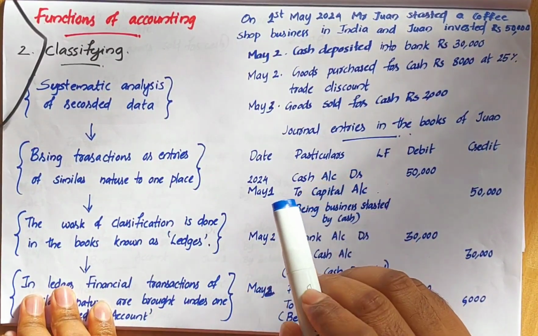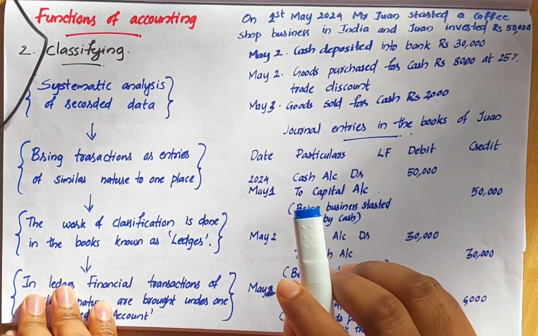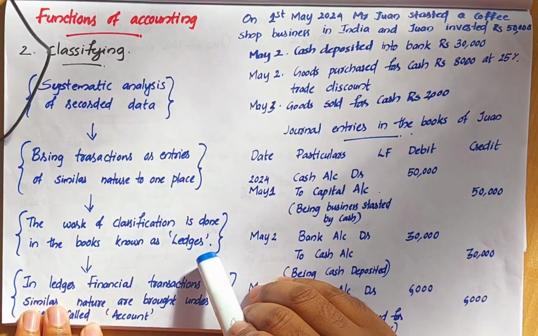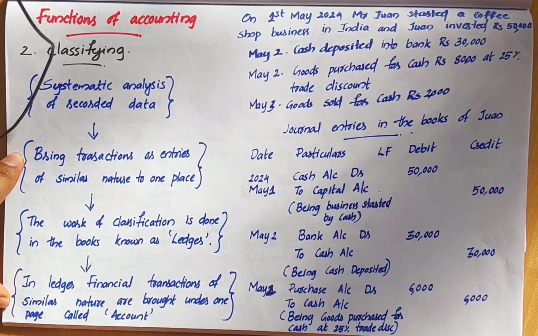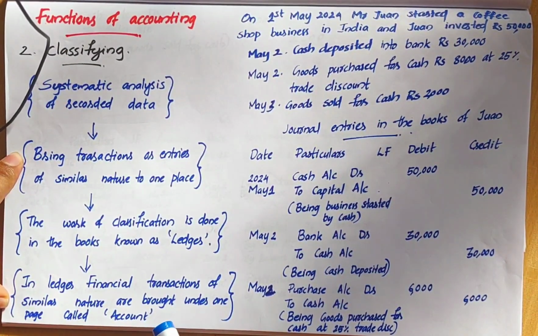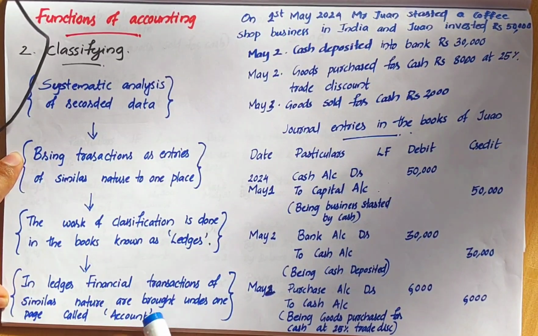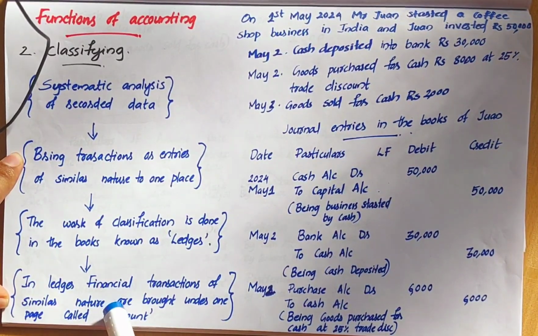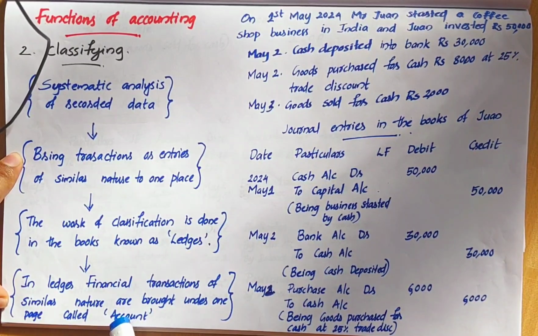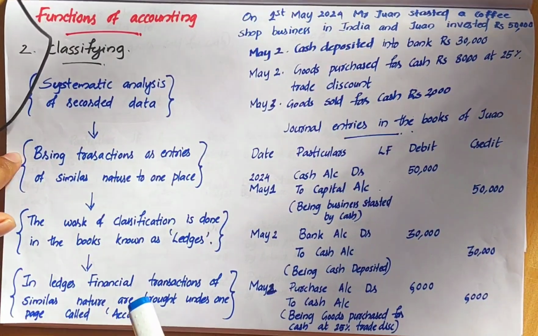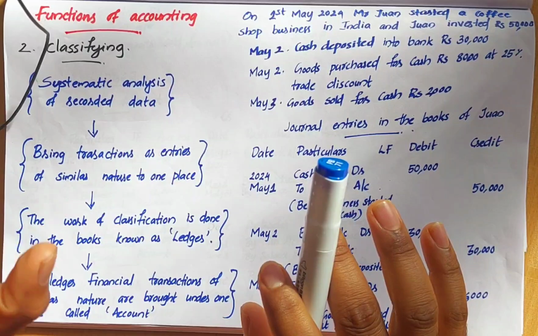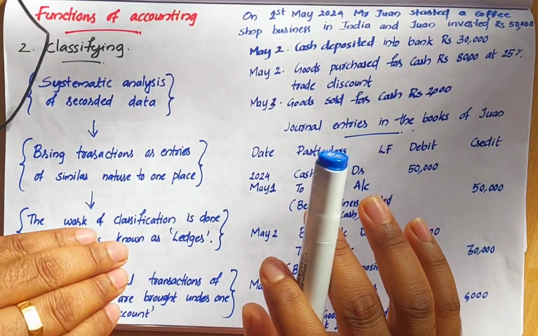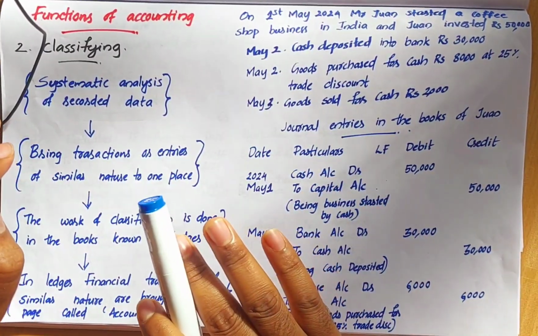So we are recording in the journal and we are classifying in the ledger. In the ledger, financial transactions of similar nature are brought under one page called an account. We have different types of accounts in the ledger.